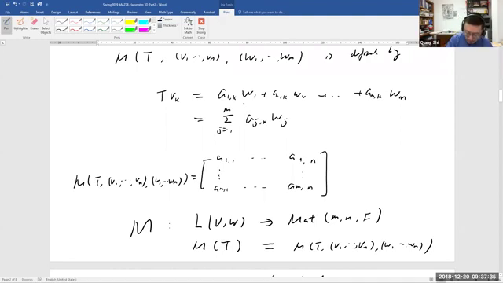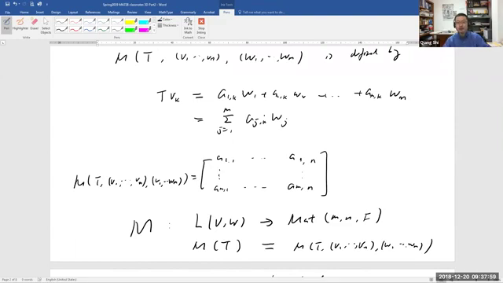You write T(v_k) as a linear combination of the w_j, and the coefficients a_jk form the kth column. That is how you form each column. Using a linear combination of the w's to express T(v_1) gives you the first column; expressing T(v_2) gives you the second column, and so on.